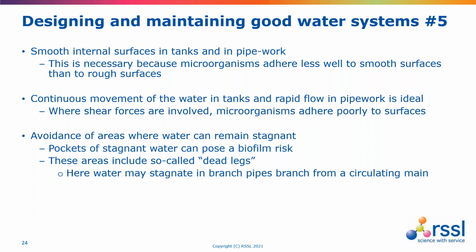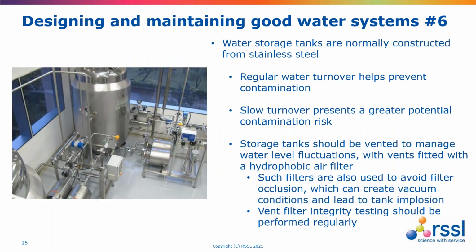So often a biofilm formation in pipework is normally the consequence of a blockage or a slowdown in the water rate, or due to a poor design such as dead legs, where water can stagnate in branch pipes, particularly when something branches off from the circulating main and causes water to slow down.